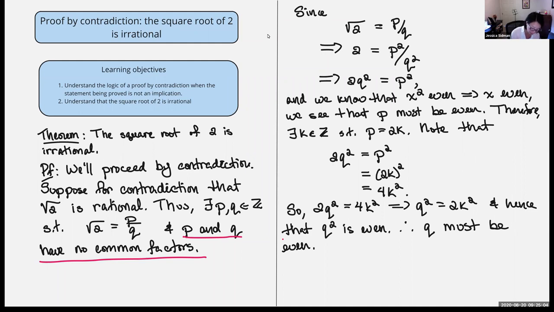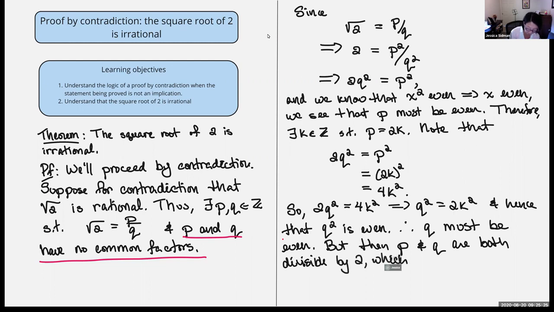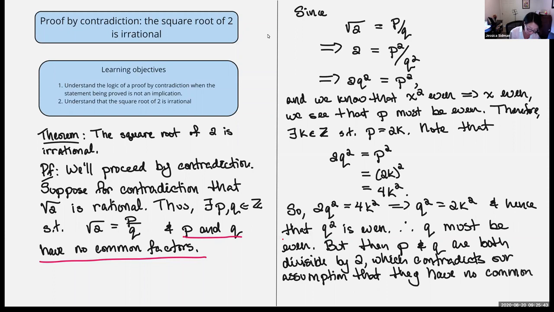So I'll write, but then p and q are both divisible by 2, which contradicts our assumption that they have no common factors.